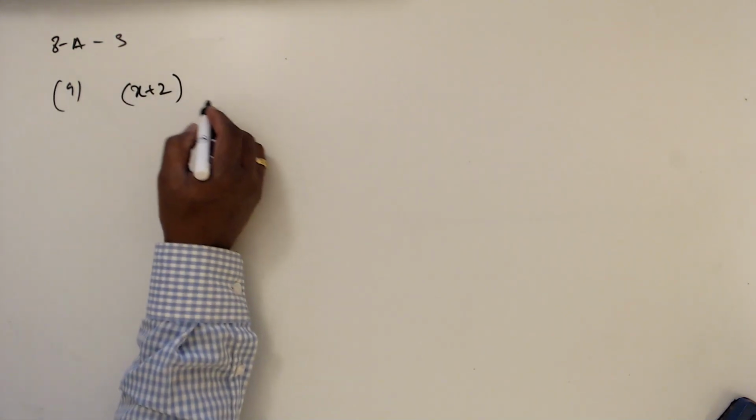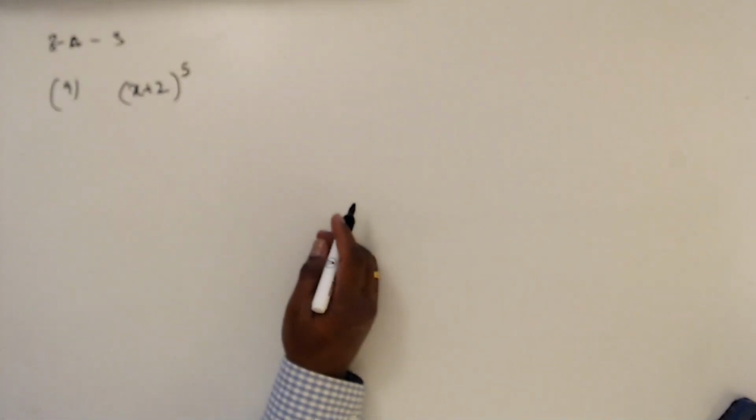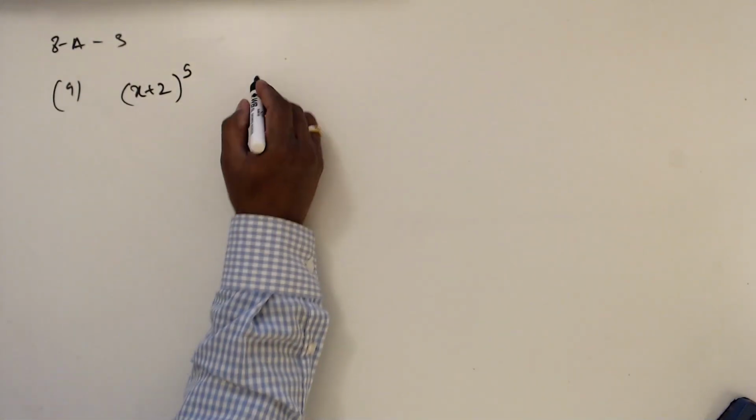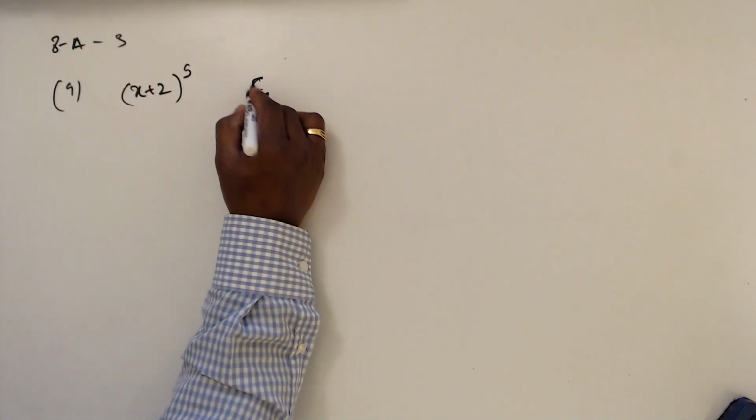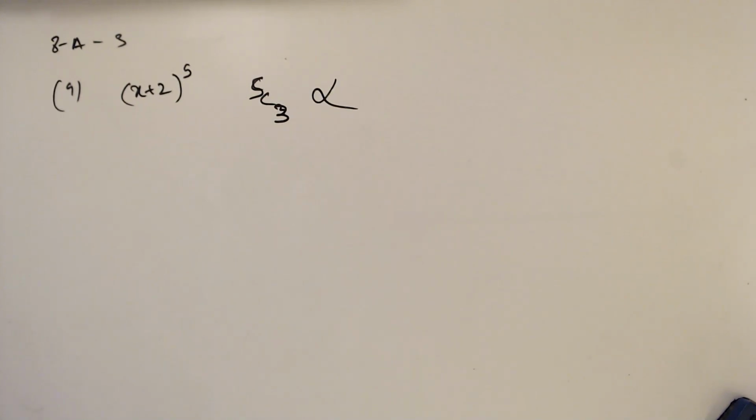Now, x plus 2 to the power 5. If you write 5C3, you are going to get a wrong answer. Why?